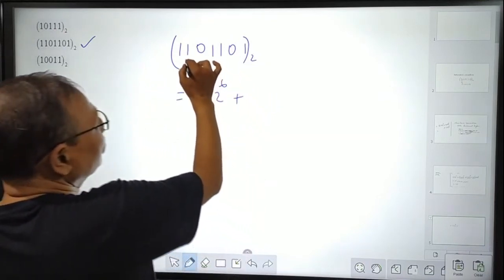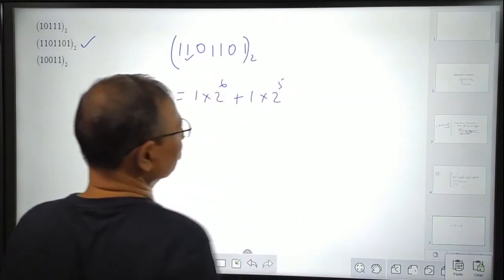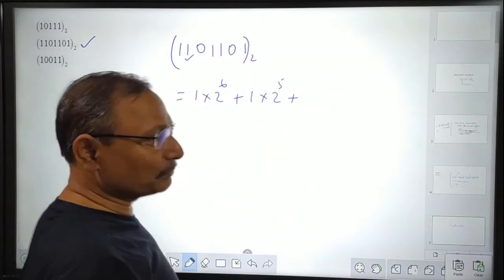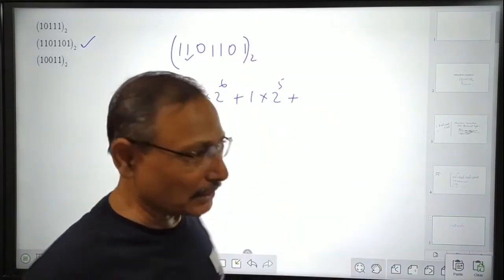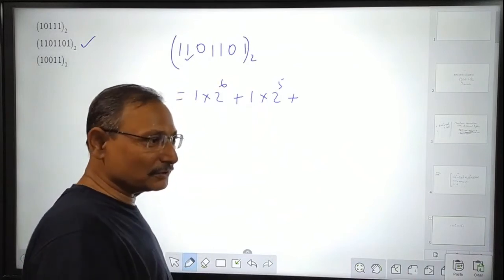Again we know that when we multiply 1, it will be by 2 to the power 5, and 0 will be multiplied by 2 to the power 4, but we know that 0 multiplied by any number gives 0 as a result.